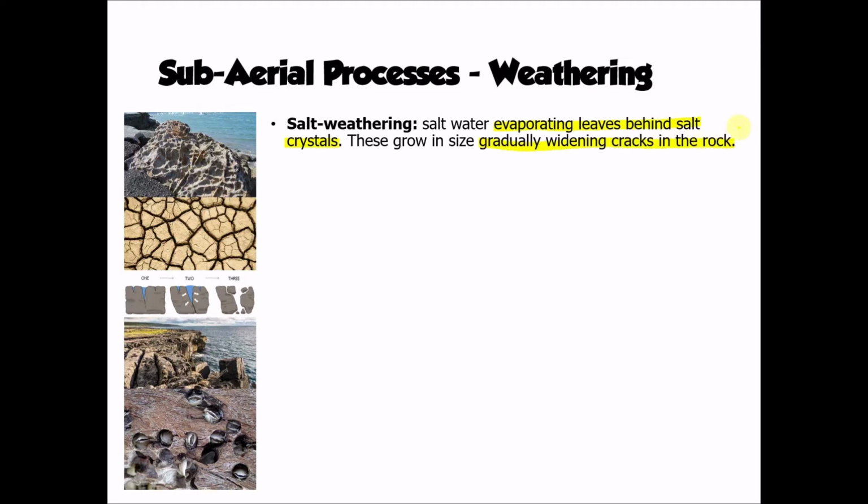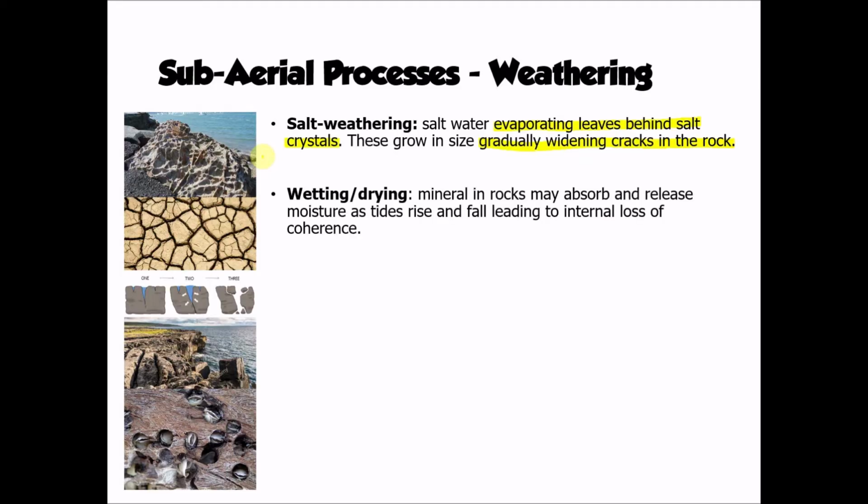So this is a type of mechanical or physical weathering. The rock is being physically pushed apart by those salt crystals, and it leaves behind a kind of pitted surface like this. We can see on this boulder these little dimples and dents in the boulder. That's been caused as a result of this salt weathering.